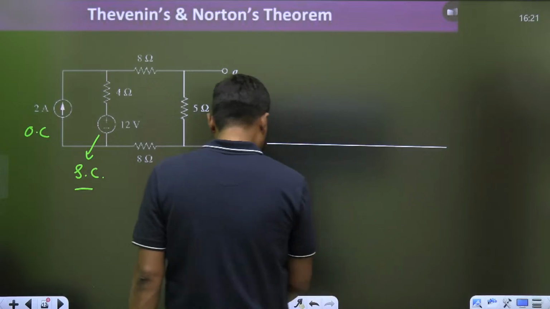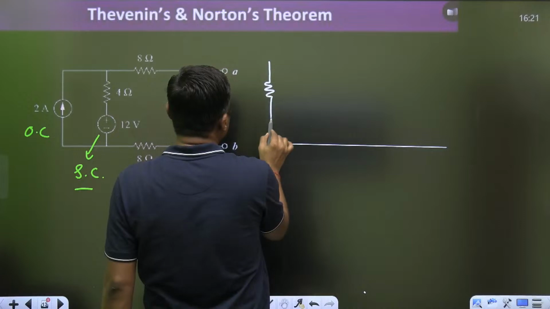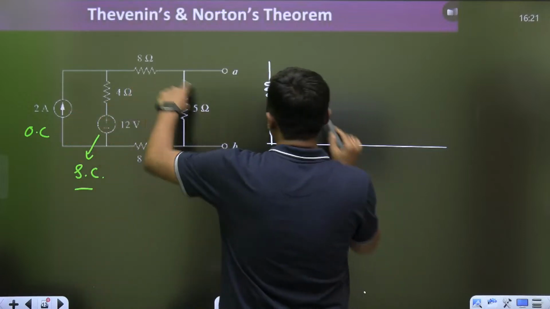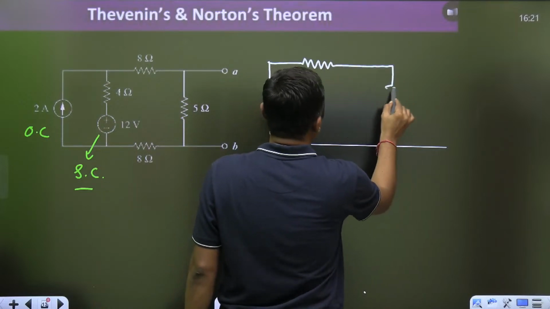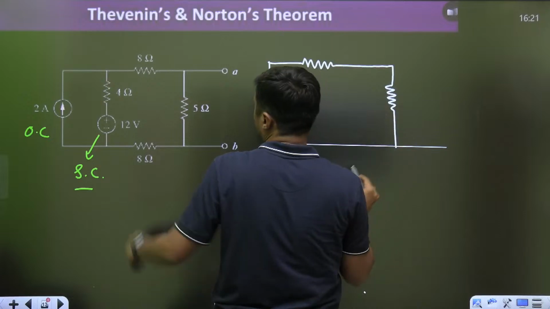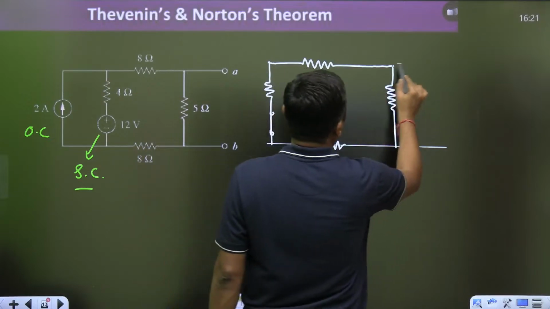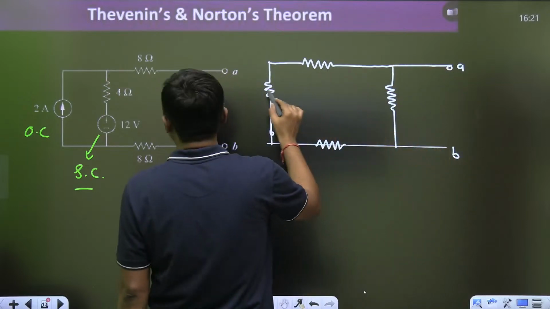You will get this type of diagram. Make it short circuit. This is the 4 ohm. This voltage source is short circuit, current source is open circuit, 8 ohm, 5 ohm, and that is the 8 ohm. And now across A and B, you have to find Thevenin's resistance.